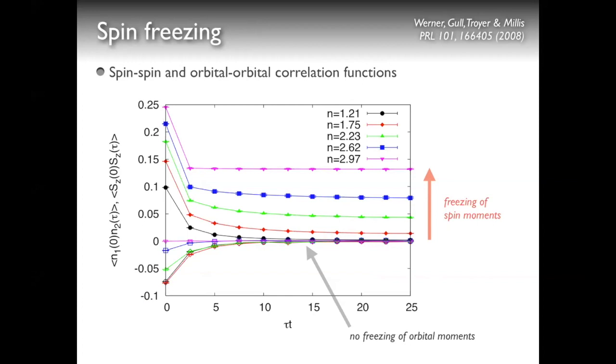And that's the direct evidence for the spin freezing. And that is in contrast to the orbital moments, which always decay like 1/tau squared. So they don't freeze, but the spins freeze. So already in that paper, we basically have shown this spin-orbital separation in the Hund metals.